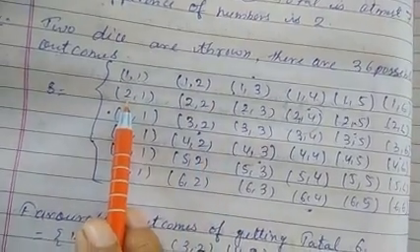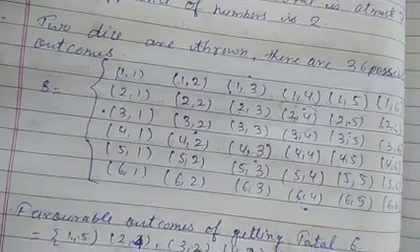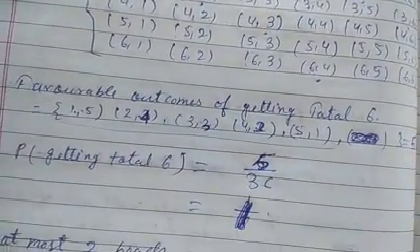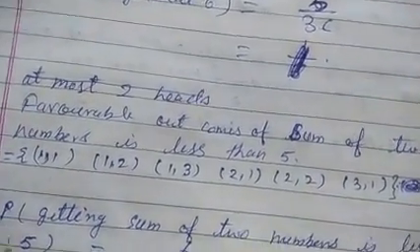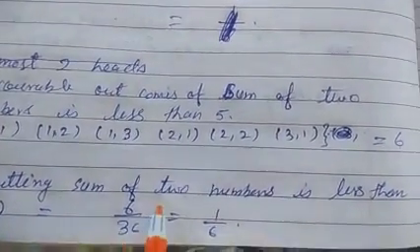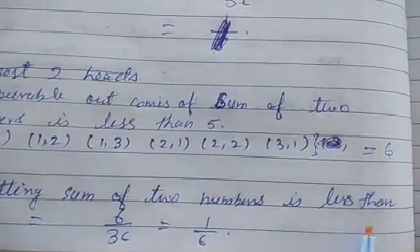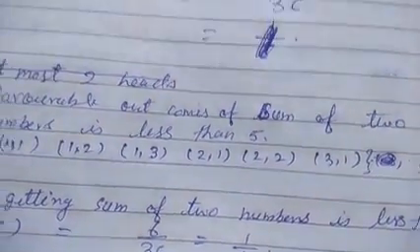In the same process 2 1, 2 2, 3 1 only. So the favorable cases are 6. The probability of getting a sum less than 5 is 6 upon 36, which comes to 1 by 6.